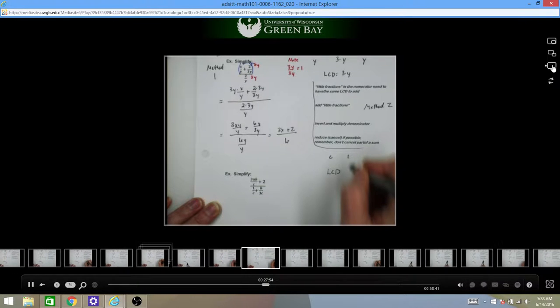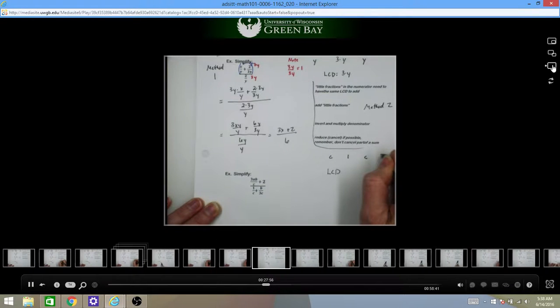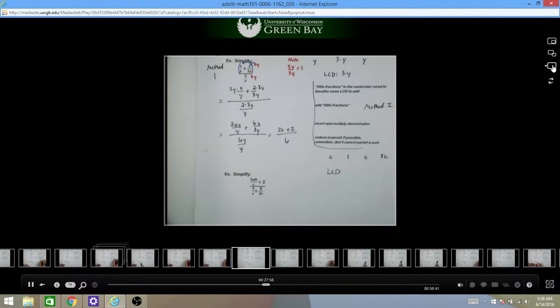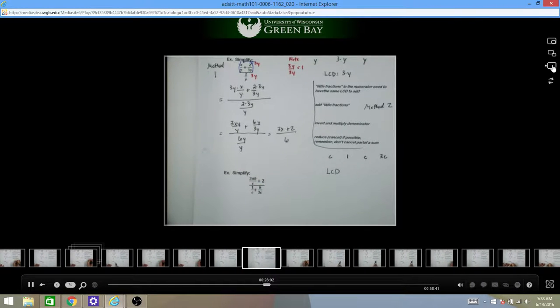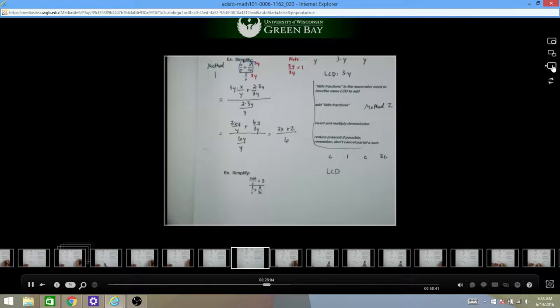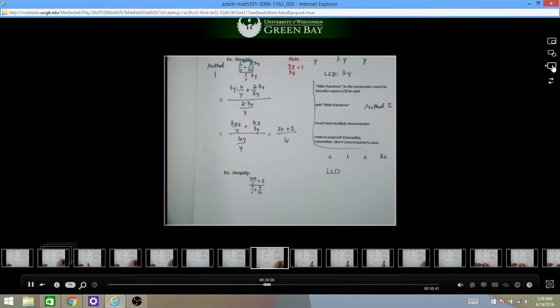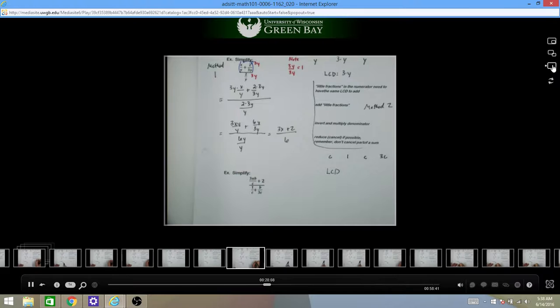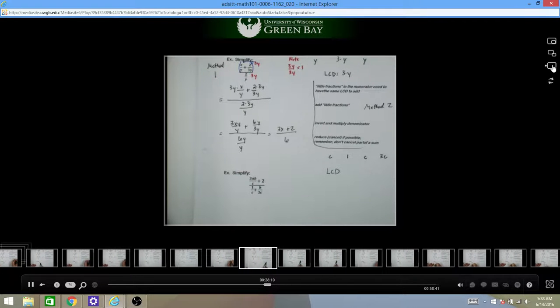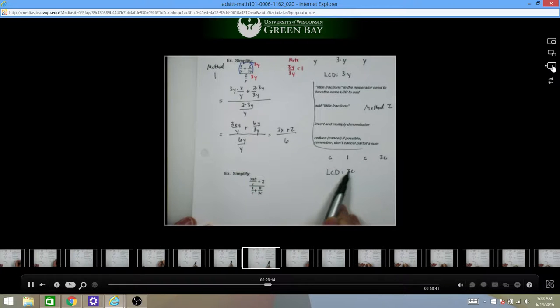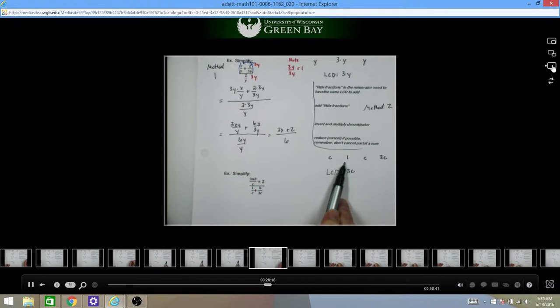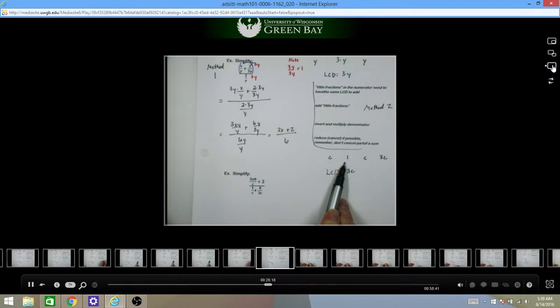So the least common denominator, that's 3 times c. So the least common denominator is the smallest product that has each denominator within it. So we need the 3 times c, and then this c is inside of there, and this c is inside of there. And if you want, you can put 1 times 3 times c. And you notice you still get 3 times c, so you don't have to put the 1 there.